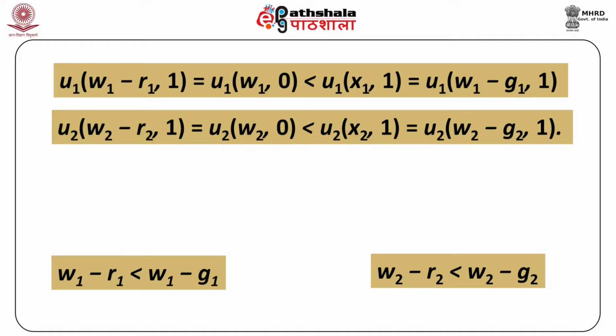Looking at the left and the right hand sides of these inequalities and knowing that more private consumption must increase utility, we can conclude that W1 − R1 < W1 − G1 and W2 − R2 < W2 − G2, which in turn implies that R1 > G1 and R2 > G2.